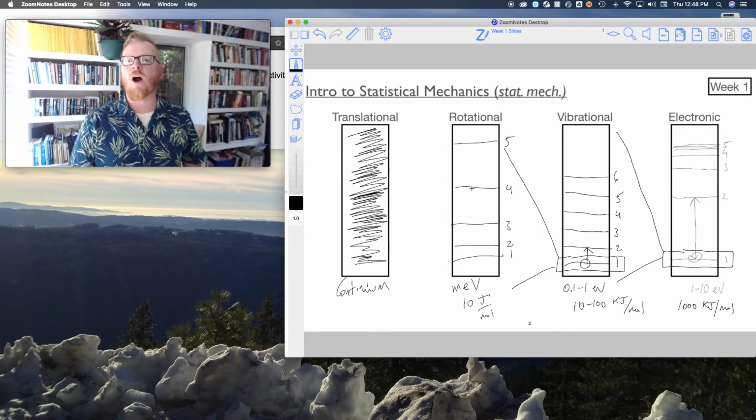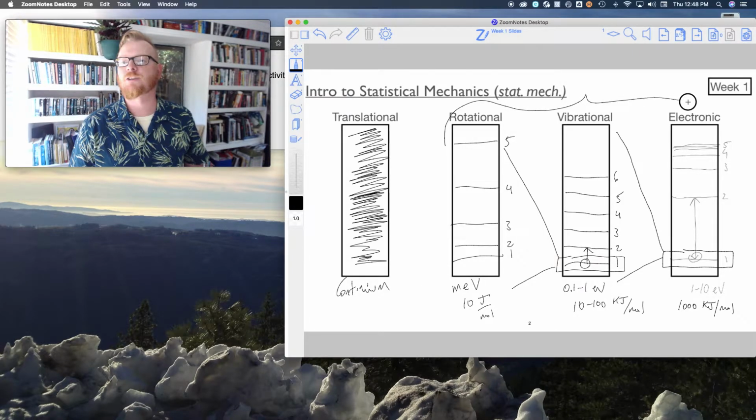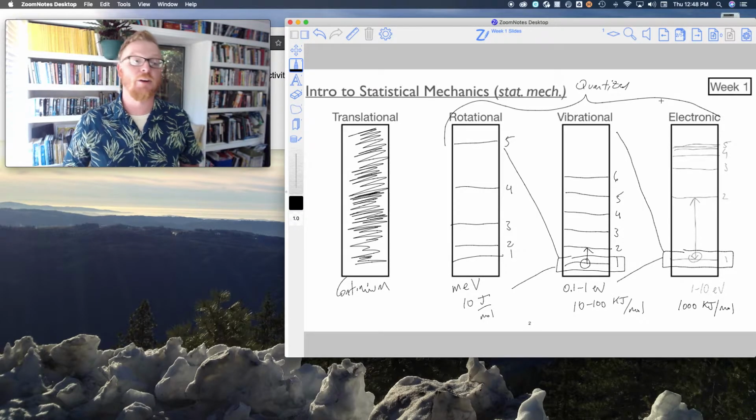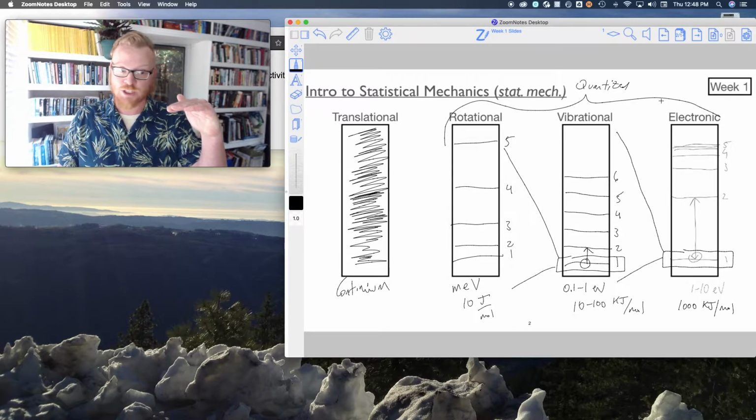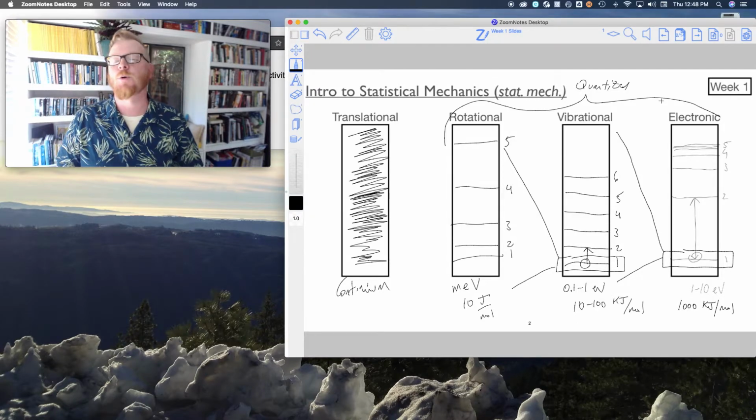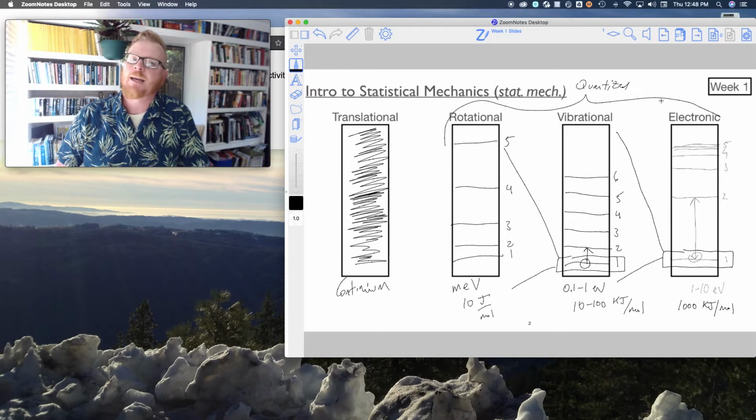So really, our rotational, vibrational, and electronic are what we call the quantized energy levels, because we have to have exactly the requisite amount of energy to go from one level to the next. If we don't have that amount of energy, if let's say we only have 85% of that energy, it ain't going to happen.